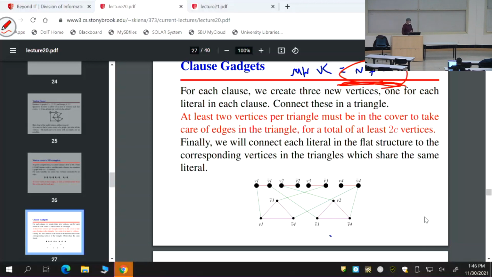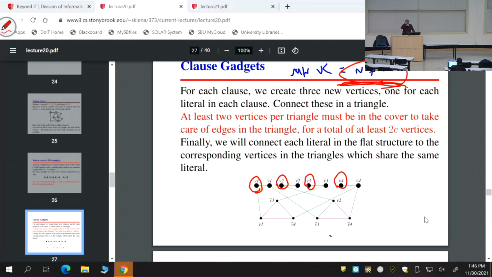Why is that? What does it mean for something to be satisfiable? If I have a satisfying truth assignment, let's say I do this, this, this, and this. That happens to be a satisfying truth assignment.